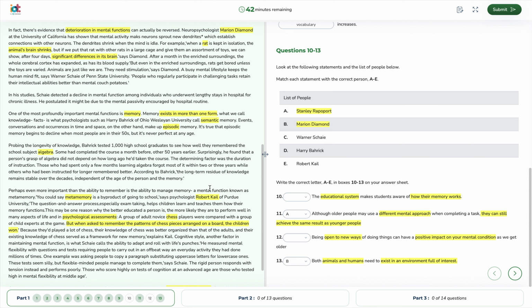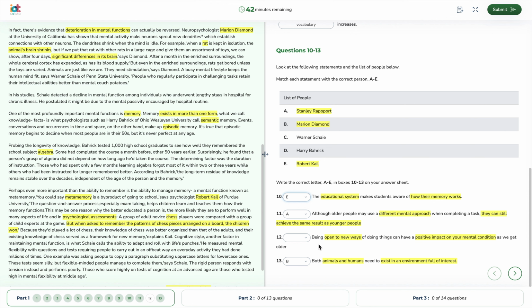See, they talked about the psychological assessments, the metamemory system and everything. It makes the students aware. So the education system makes students aware about how their memory works. Who did it? It was Robert K. So the answer would be E in this one.